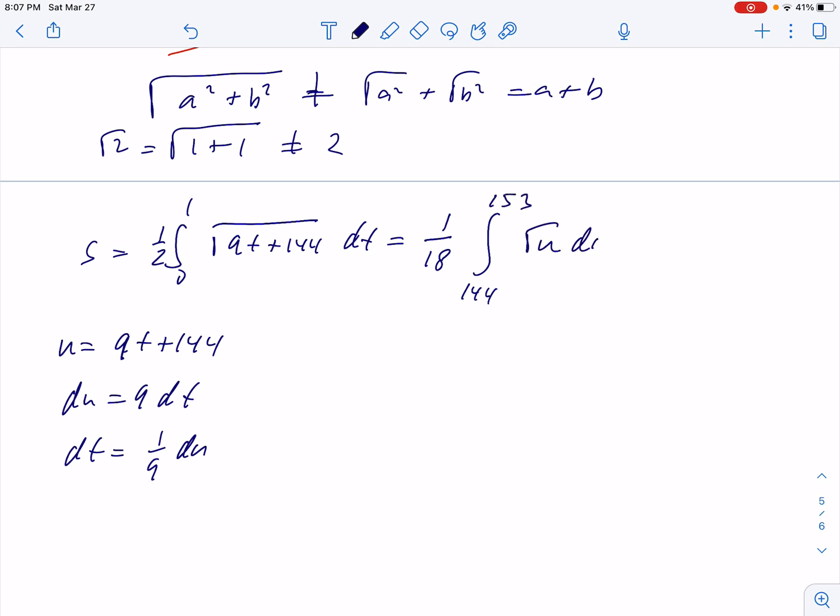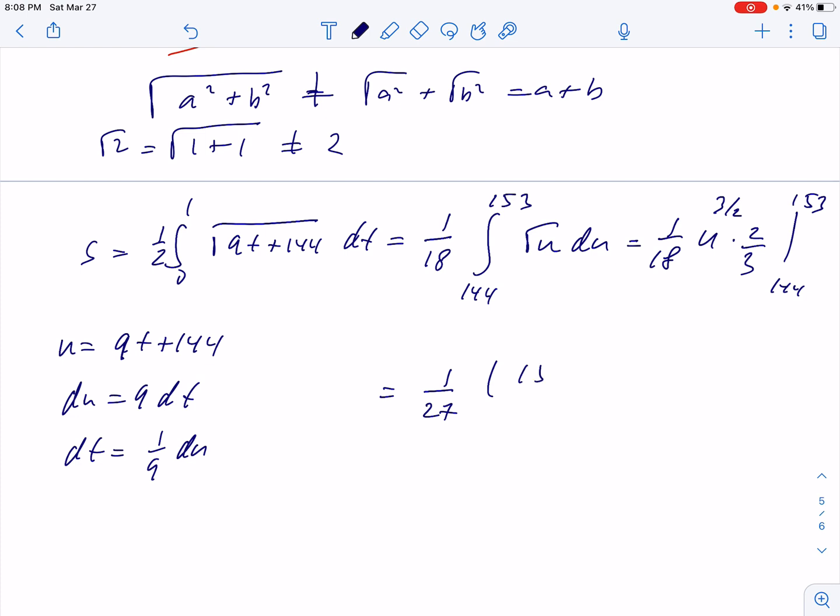The integral of the root of u du, root of u is u to the 1/2, so we can integrate and write 1/18. By the power rule, u adding 1 becomes 3/2, divided by 3/2 actually, between 144 and 153. We have 1/18 times 2/3, this will be 1/27.